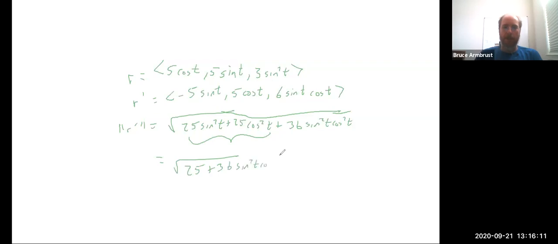Unfortunately, these sine squared and cosine squared are being multiplied together, not added together, so we're kind of stuck with them where they are. Now we're going to divide r prime by these. So we get T, it's equal to minus 5 sine t over all that square root garbage.